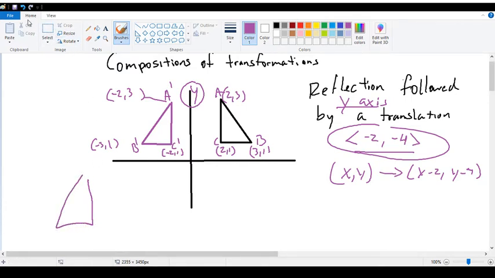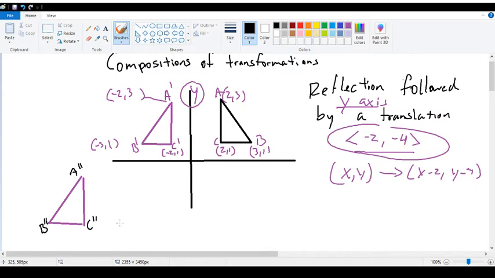That's a terrible triangle. We can do better than that. Let's do this one. And so we're going to call this A double prime, B double prime, C double prime.